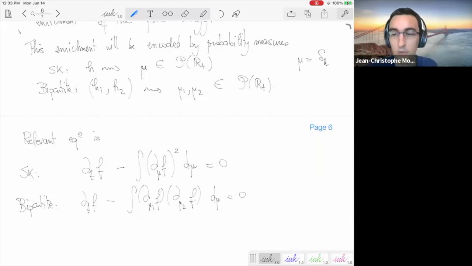And for some reason, it's convenient to encode it by a probability measure, but this is maybe not the most fundamental part. The most fundamental part is what do we write down instead of this naive random field? What is a good replacement for it?